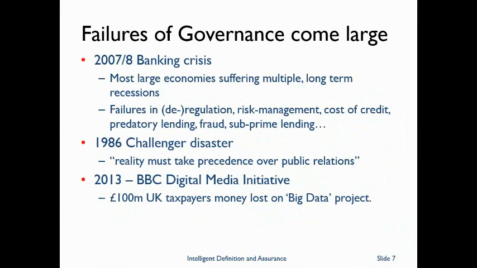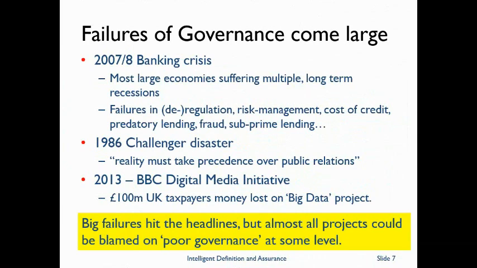So just to step back a moment, what is the failure of governance? They come in all shapes and sizes. Clearly the banking crisis of the last few years is a staggering failure of governance at several levels, both with governments deregulating and perhaps not recognizing the behaviors that their deregulation has caused. The banks and the lenders themselves and the riskiness of their behaviors, again, is a failure of governance at the highest level.